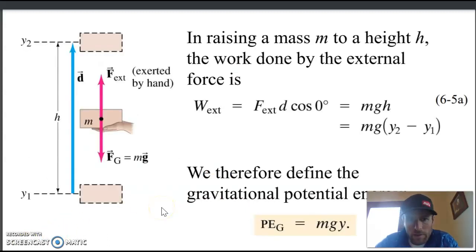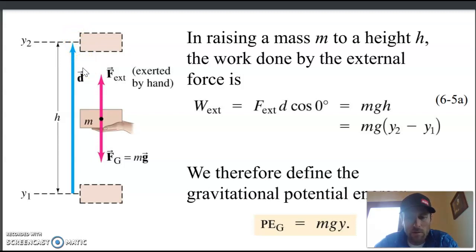So where does this gravitational potential energy come from? Let's take a look at this box here of mass m, and we're going to lift that box a vertical distance, some height represented by delta h. So the work that we do here is going to be the weight of the box multiplied by the displacement, and in this case that displacement is going to be the vertical height.